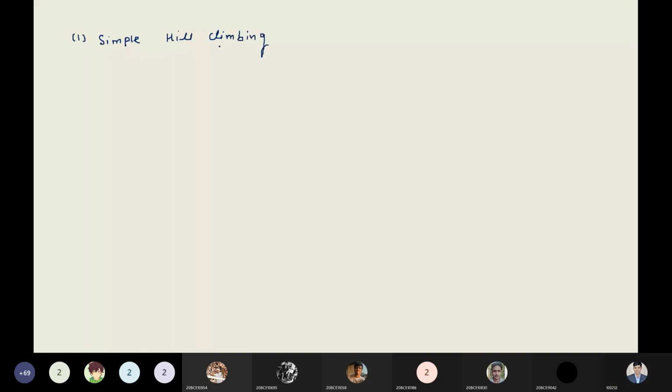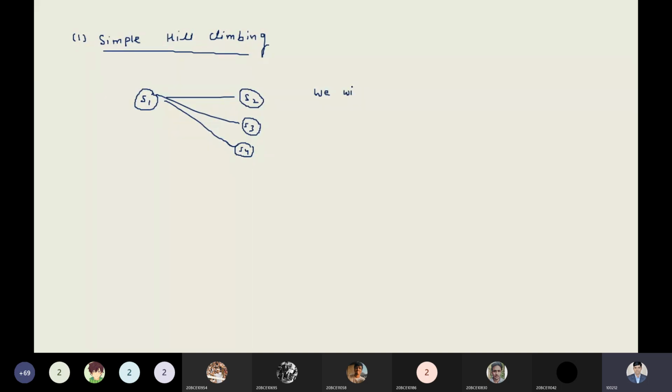In simple hill climbing, we have a current state, this is S1, and we have S2, S3 and S4. We have seen this. Then I will ask you a simple question. From this point, we will choose the successor node.